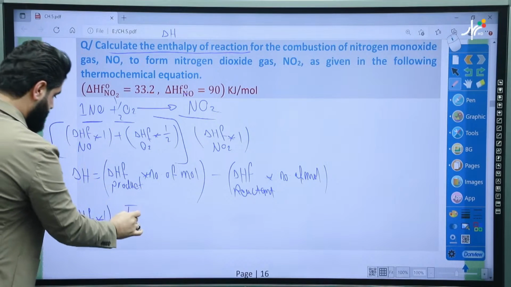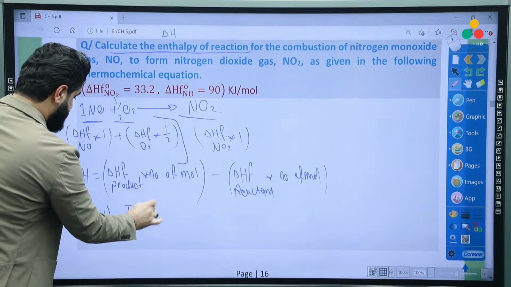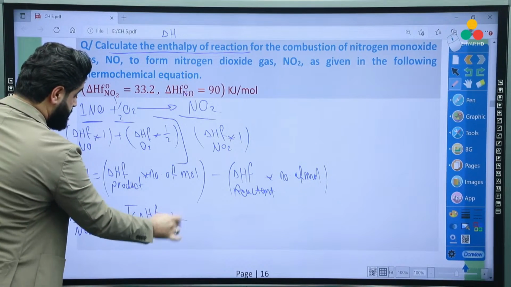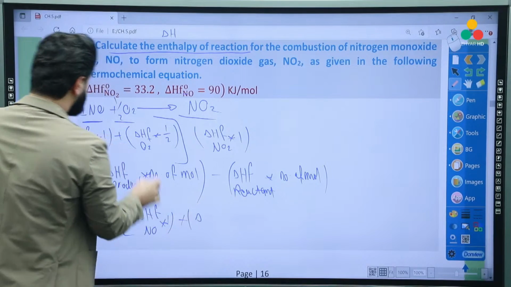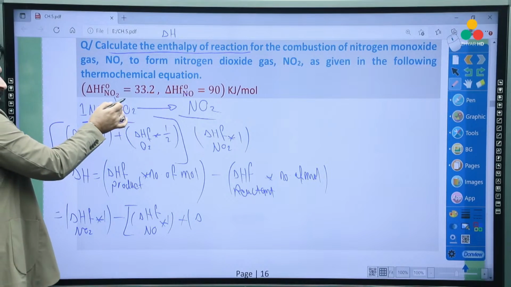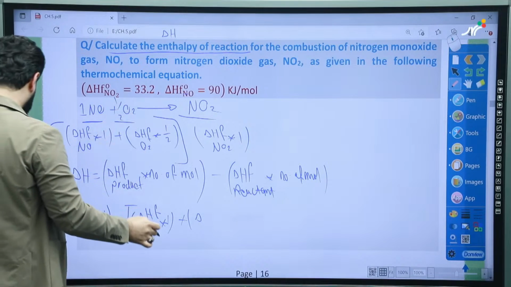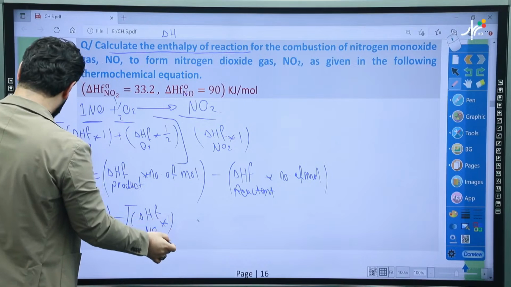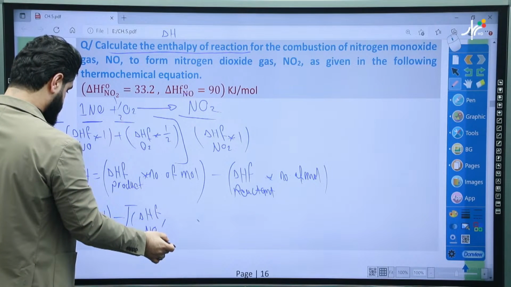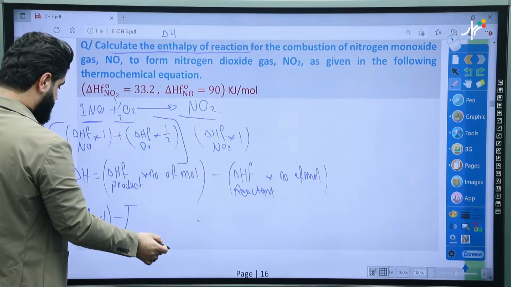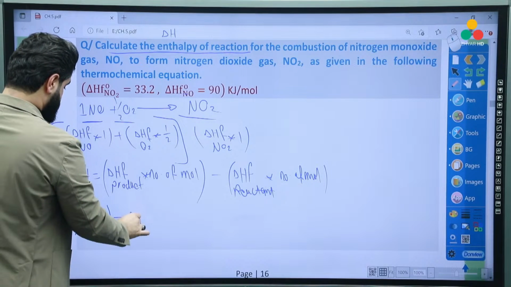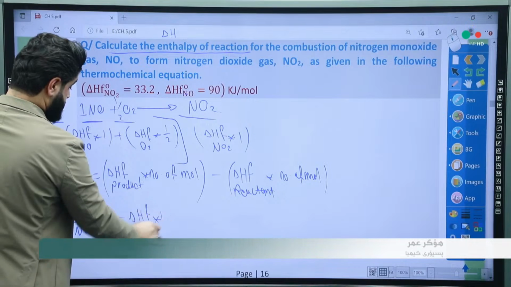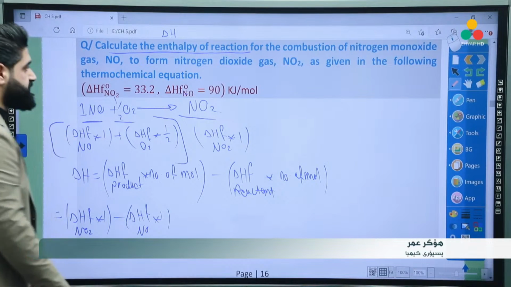Delta HF of NO times 1 plus, because delta HF for gases, okay, is 0, so forget about oxygen, so it will be 0, okay? So just like this. Minus delta HF for NO, delta HF NO times 1. So let's substitute the numbers.